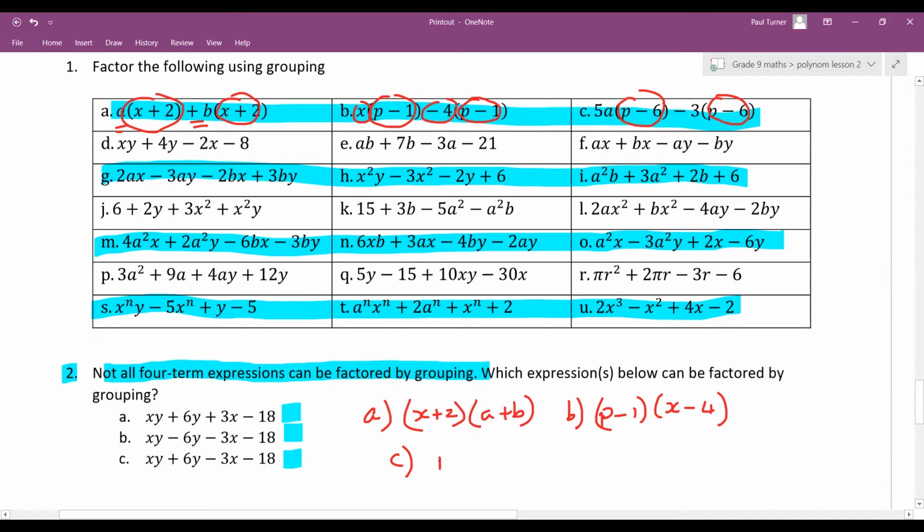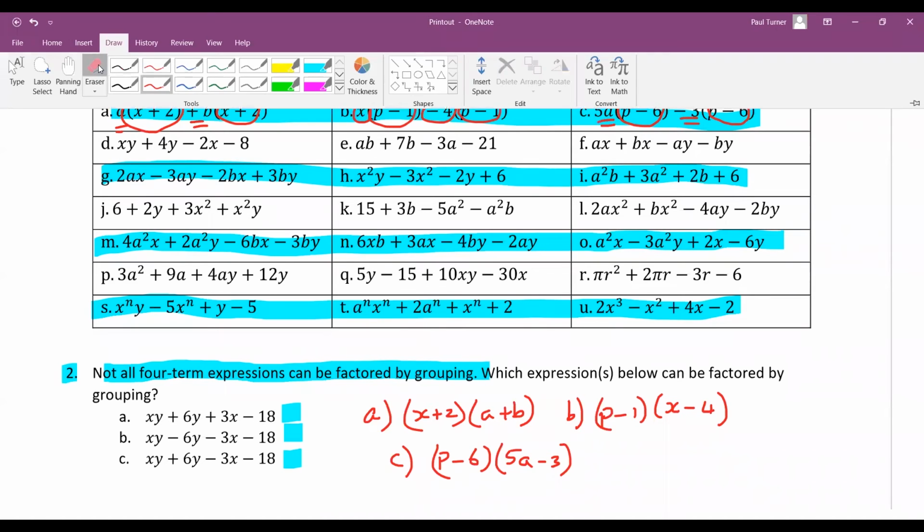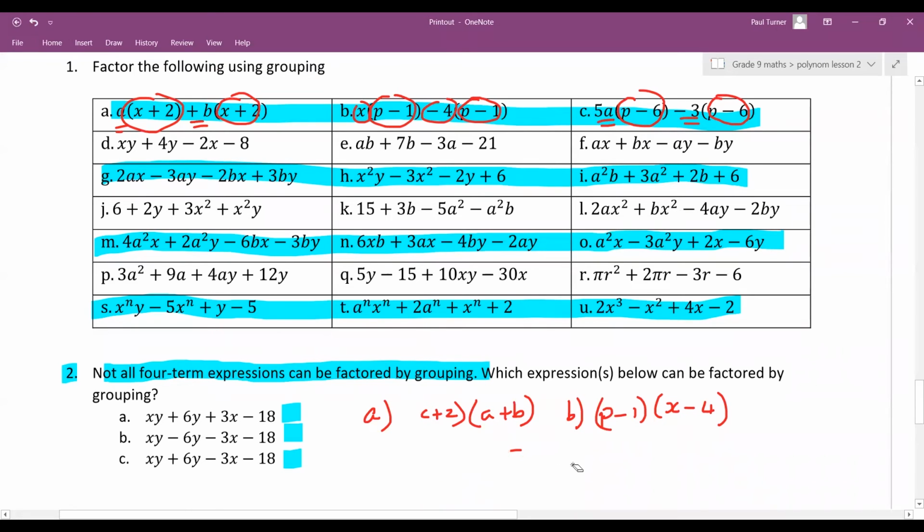So we write that as the common factor at the front. And you are left with 5a minus 3 as the second factor. Okay, so I think you probably all did those ones already. So I'll rub them out. They're straightforward.